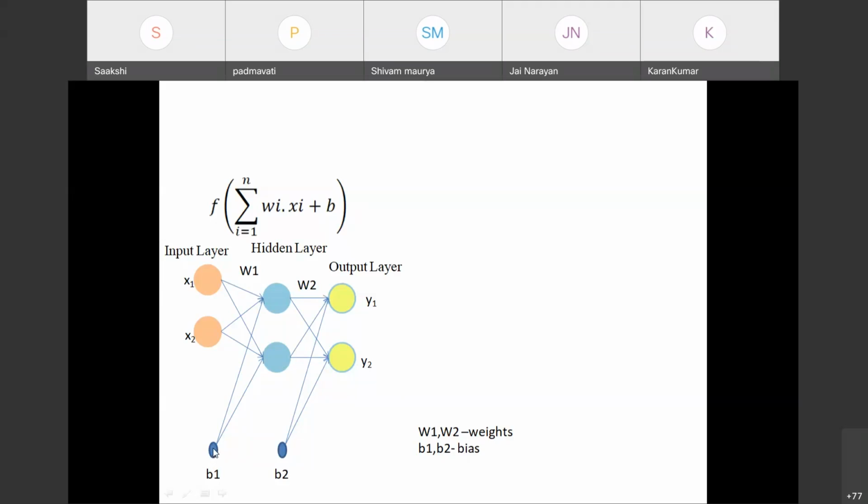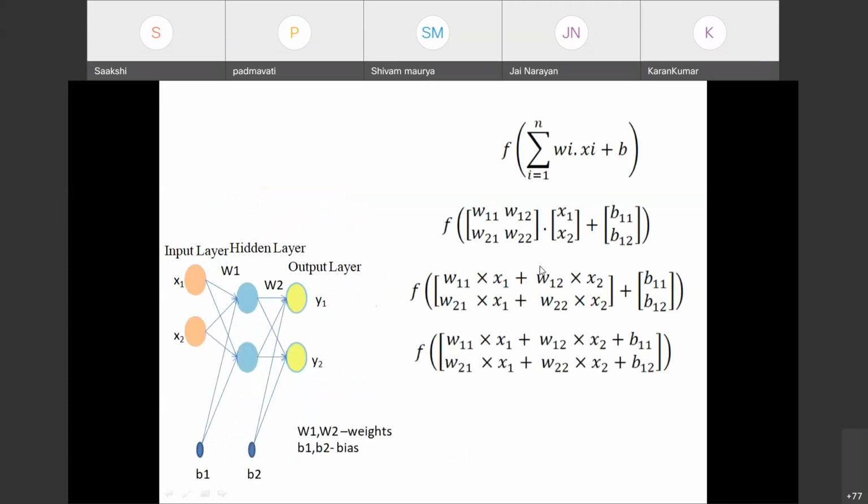Now, let us try to understand how to represent this using the linear function. As you all answered correctly, the weight matrix W1's dimension is 2 cross 2. X1 and X2 represent the input vector, so again it is 2 cross 1.